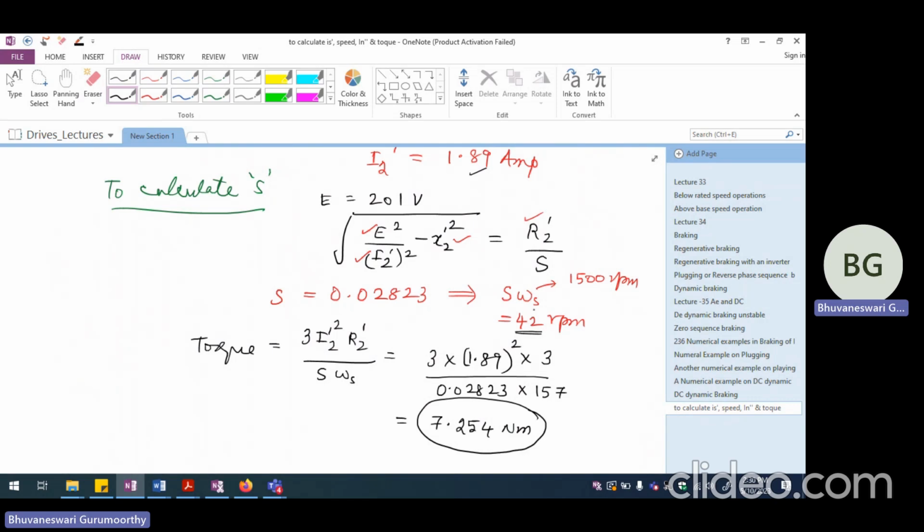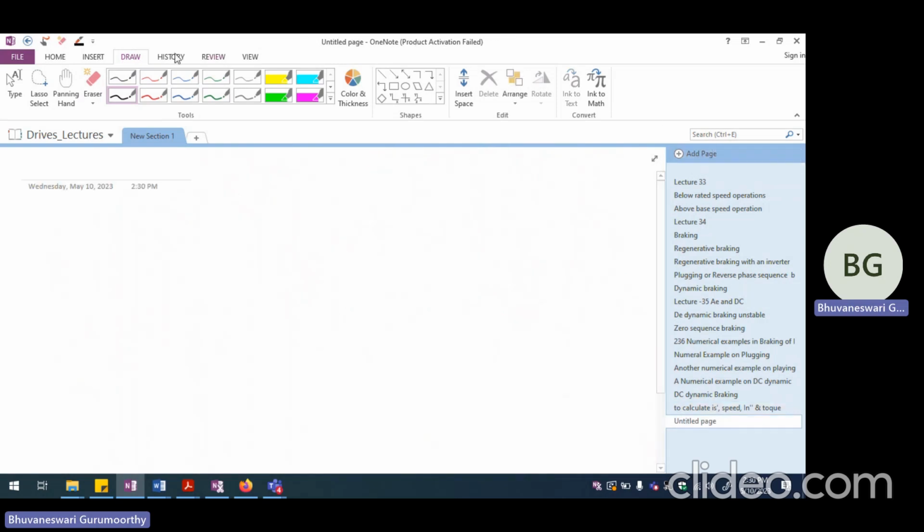Now, basically, there are four topics that are still pending as far as the induction motors before we conclude the three-phase induction motor. The first and foremost thing that we might have to do is CSI, current source inverter fed induction motor drive.